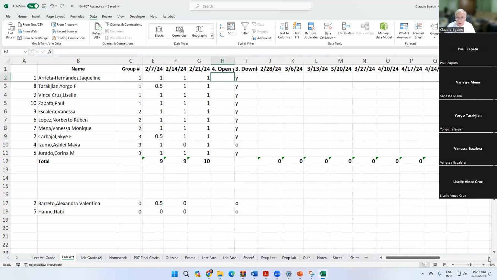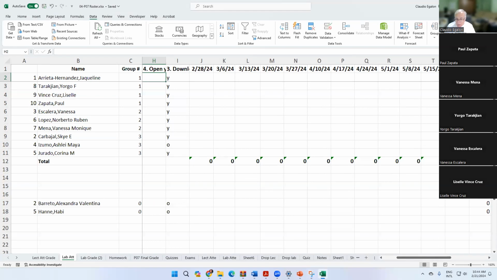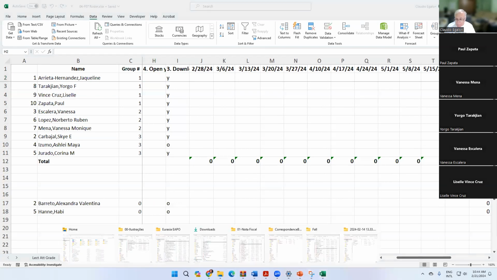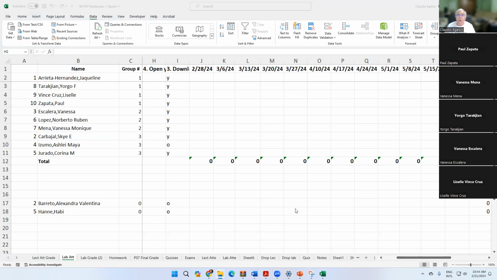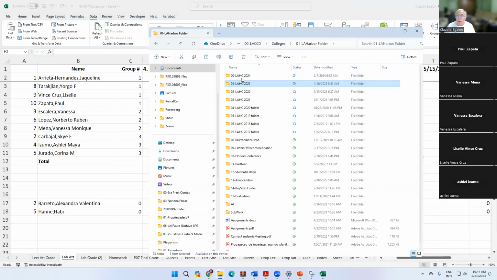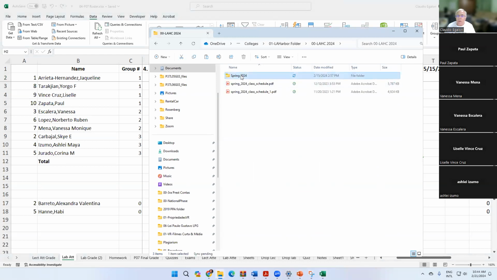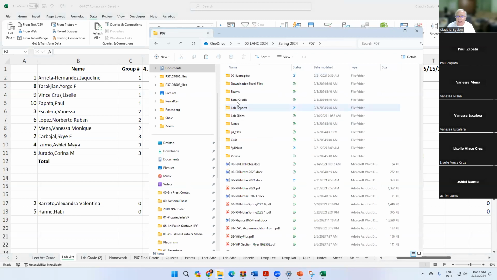Let's see here. Oh, no, it's not full. LHC 2024, P07. Let's see, lab, illustration, lab.